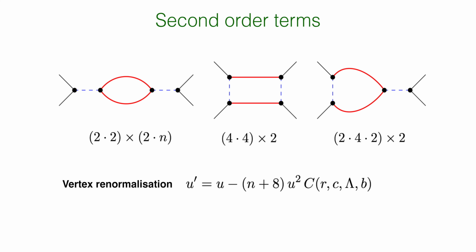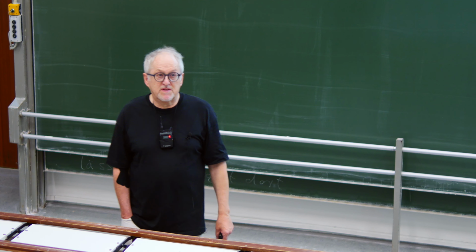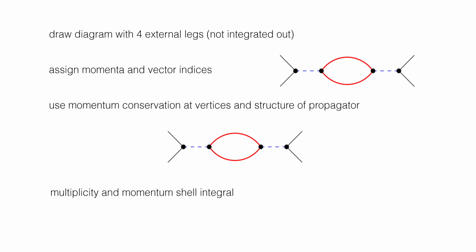Good. Now let me recapitulate for you how this diagram analysis, or the Feynman rules, or how you do perturbation theory in general works. It works here by drawing these diagrams, and in the case that we had, we draw the diagrams with 4 external legs, which are not integrated out. Those are the black lines.